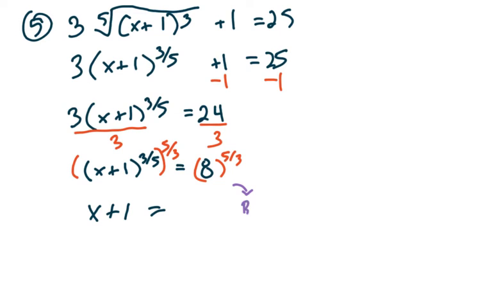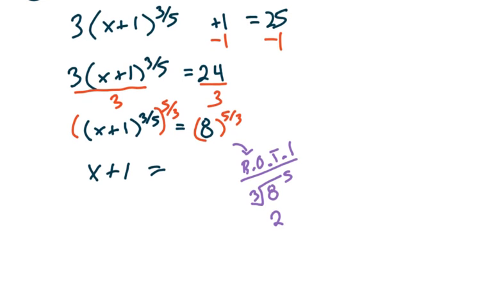And then here we will bow tie the 8 to the 5/3 power. So this becomes the cube root of 8 to the 5th. Cube root of 8 is just 2.